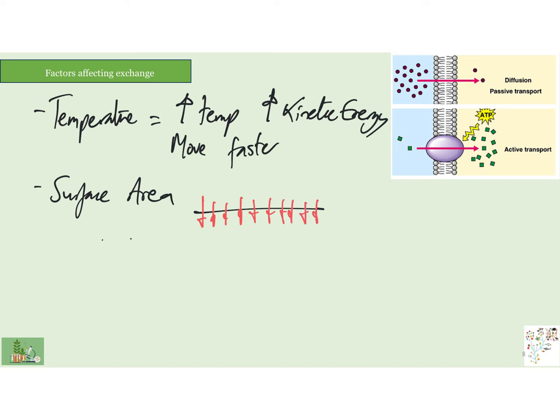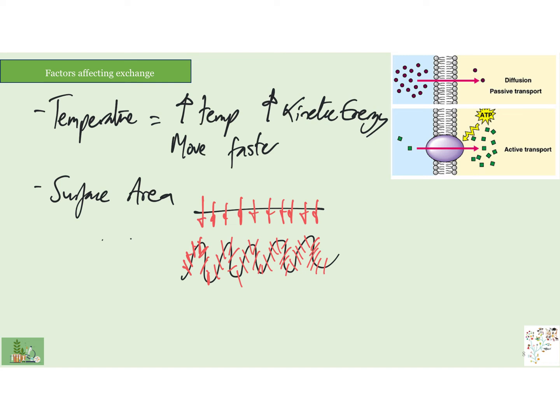However, if I increase the surface area, so the length is going to be the same, but I've just increased the surface area, now you can see that I have dramatically increased the number of access points where something can get into and out of it. So increasing the surface area has a massive increase in the rate of diffusion.